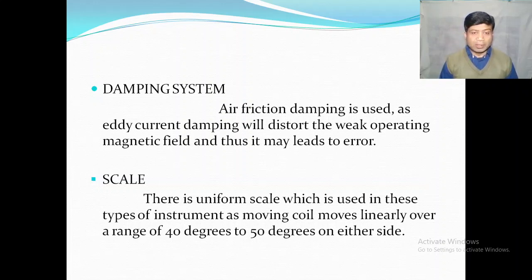It is not at all proportional to the square of the power, which leads to a non-uniform scale. The uniformity of the scale here is because of the fact that torque is directly proportional to the power being measured.